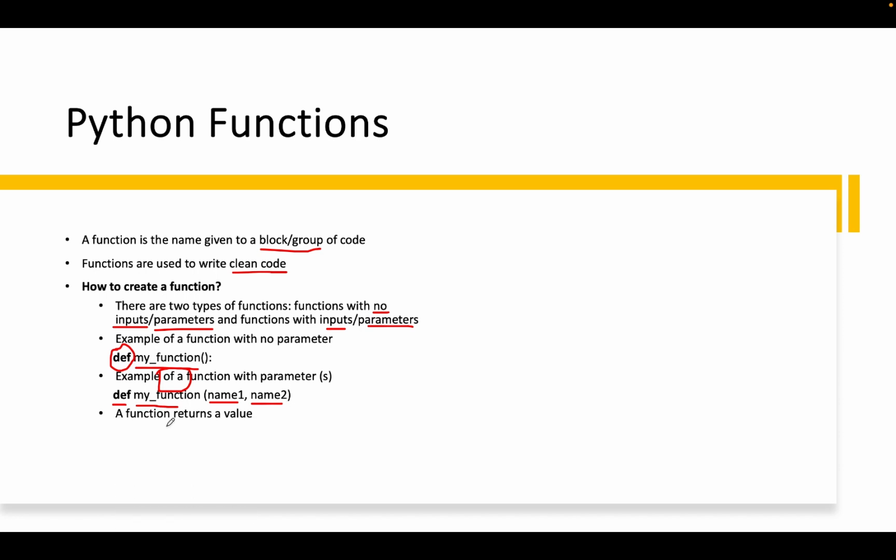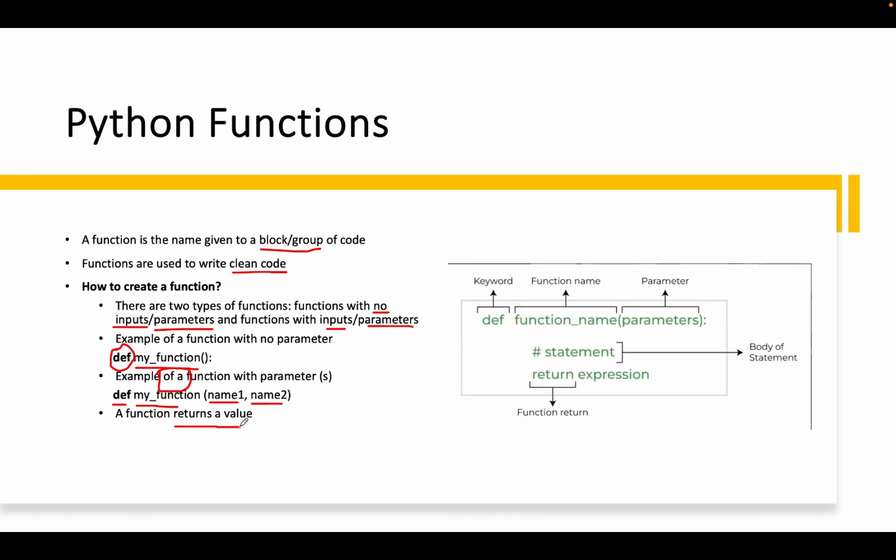Then a function returns a value, right? Again, I will tell you guys what that means. In this example of a function, this is the def keyword, this is the function name, these are the parameters if you have parameters, then you have all your code in here, and when you are done, you return a value.